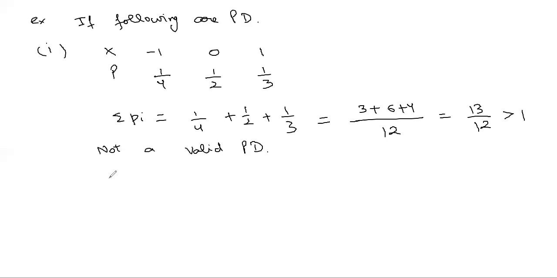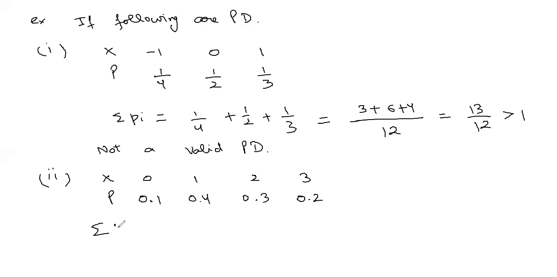Now suppose the random variable assumes values 0, 1, 2 and 3, while the probability distribution assumes values like 0.1, 0.4, 0.3 and 0.2.